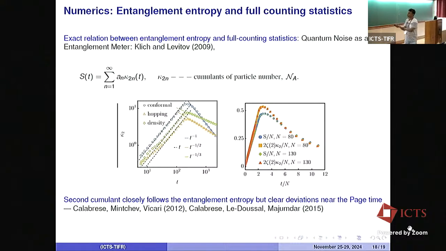Here we compare the entanglement, which is this curve, and the second cumulant, which is this curve, after putting in the factors from this series, and they agree very well, except near the Page time where there's some difference. So the second moment captures the entanglement quite well, which is nice because it's easier to measure in an experiment. A number of other papers have also observed this, and there are claims that in some situations the second cumulant in the thermodynamic limit is exactly equal to the entanglement entropy.